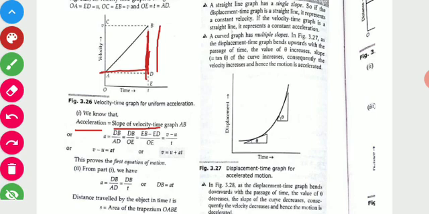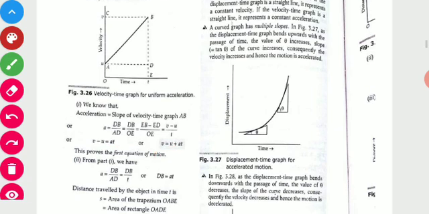We can determine it by subtracting EB from ED. So it gives us (v minus u) upon t. After modifying this equation, we get the first equation of motion.